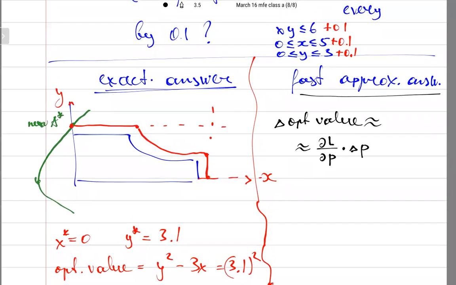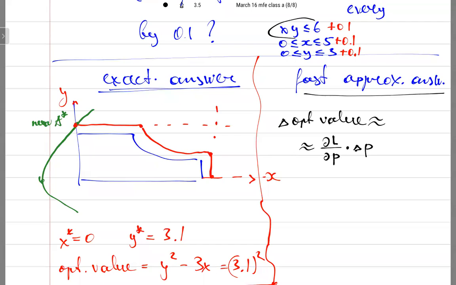In my particular case, that inequality was inactive, so lambda was 0. So when I change it by 0.5, lambda 0 times it will be 0. Okay, and that one was active, so it will be the change of the optimal value.